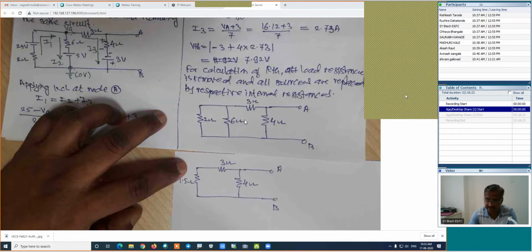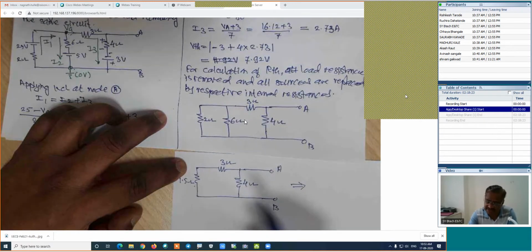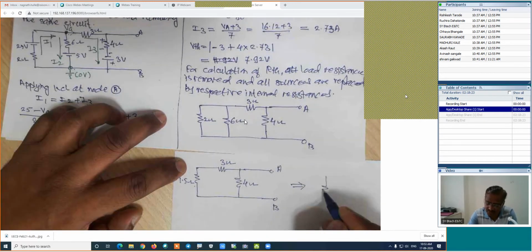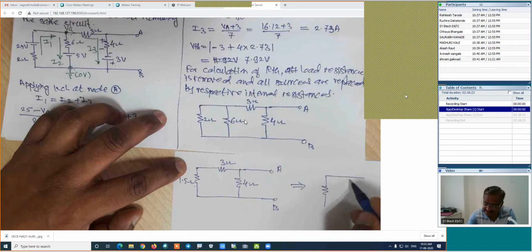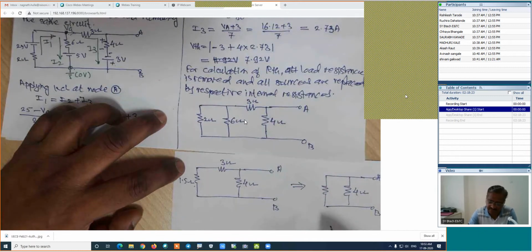Is it right? If we are simplifying this figure further, these two resistances are in series. The next figure will be something like this. Here is the A point, this is B point. It is 4 ohm. And its series combination will be 4.5. This is 4.5 ohm. Is it right?